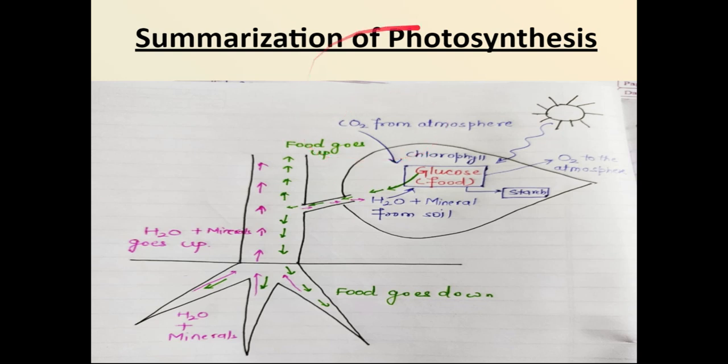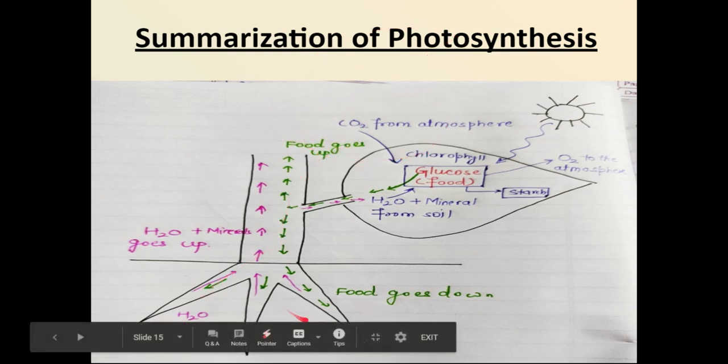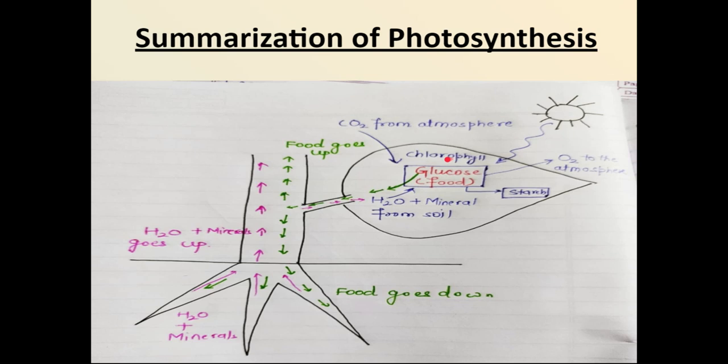Now, summarization of the process of photosynthesis. Here, the stem, root, and leaf part are being shown along with the sun. You can see sunlight and chlorophyll are the essentials for the process of photosynthesis to occur in a green plant, and CO2 is being absorbed by the plant through stomata.